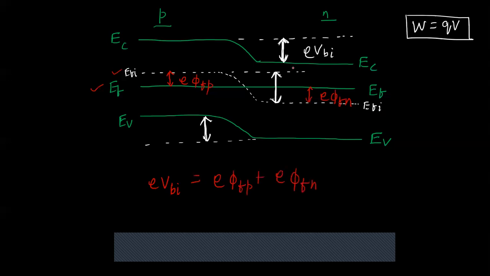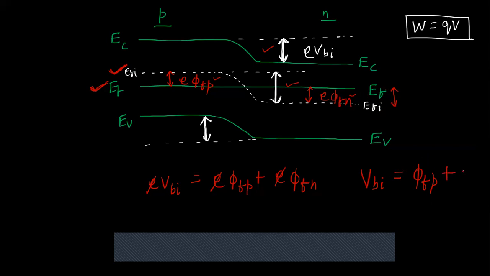It is evident from the diagram, because this value is exactly this value. Then again, this value we can see is E phi Fp plus E phi Fn. So I can add those, right? Then you can cancel this E, because it is common, so we can write that the net potential barrier VBI is nothing but phi Fp, the potential gap between the intrinsic Fermi energy level over here and the Fermi energy level in the P region, plus the gap between the intrinsic Fermi energy level and the Fermi energy level in the N side, which is phi Fn.